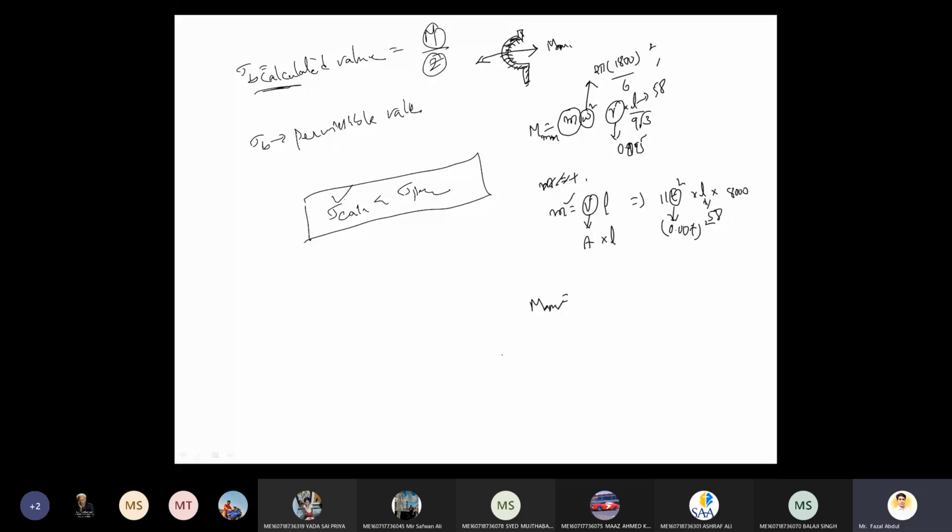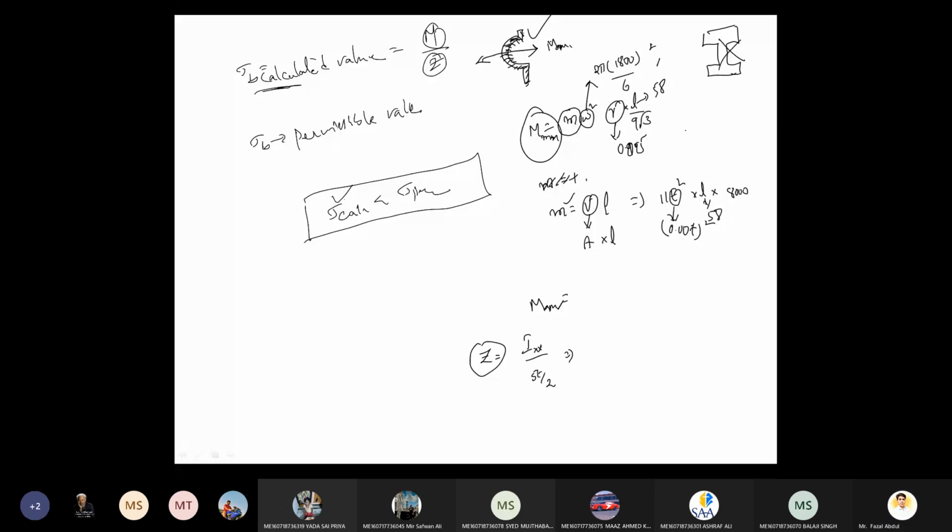And section modulus, coming to the section modulus, so the equation is Ixx by 5t by 2 for this figure, Babu, not for the I sectional cross section. This z value and this m value is for this figure, not this figure.